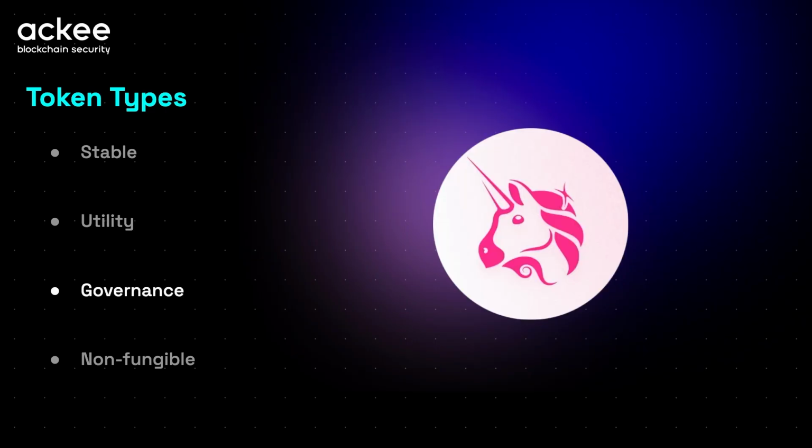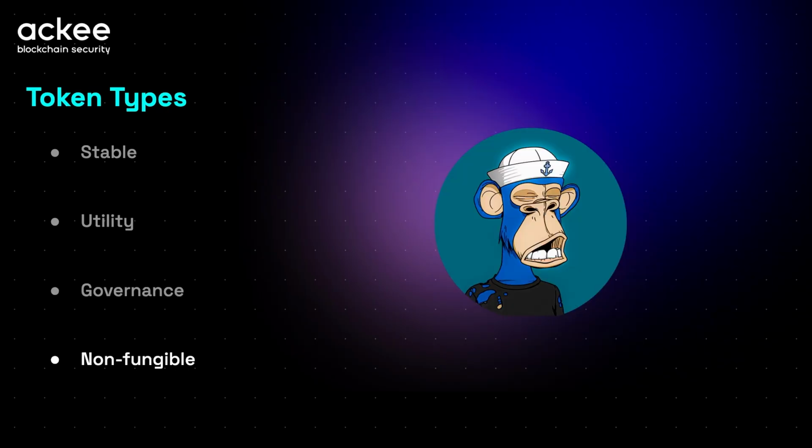Decentralized organizations can also issue governance tokens, which give holders the ability to vote on protocol proposals or upgrades. And the last example I have here are the notorious NFTs or non-fungible tokens, which can be used to represent ownership of a unique asset. So for example, they could represent ownership of some kind of artwork.